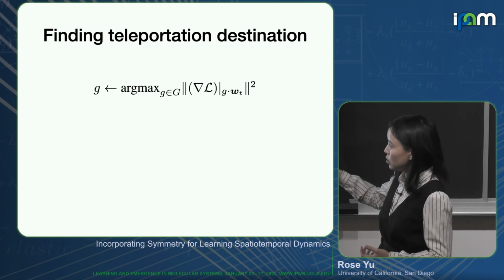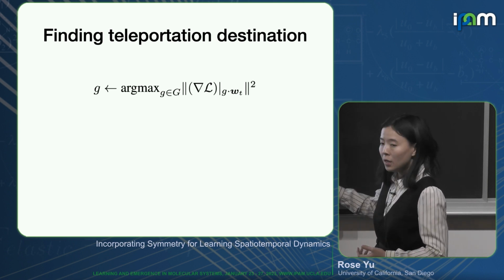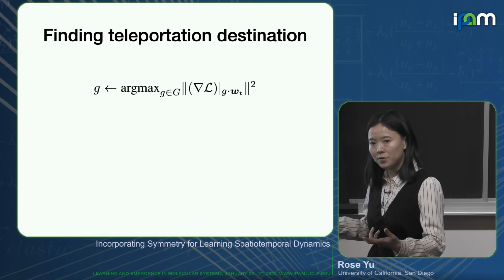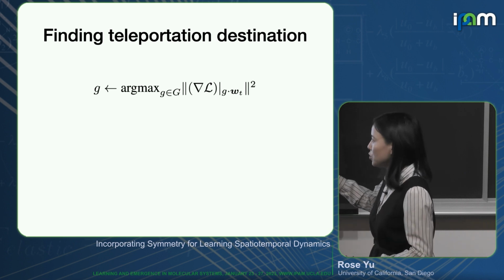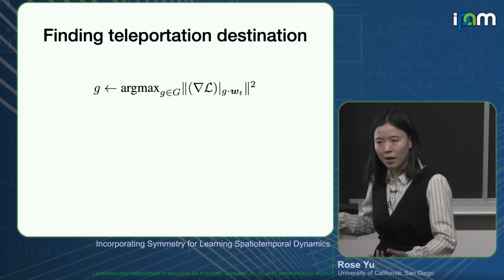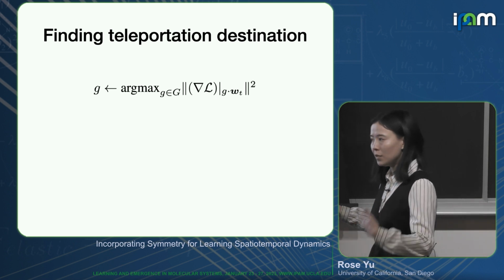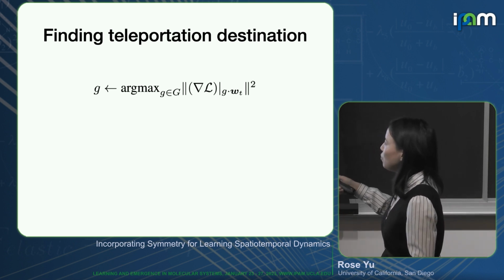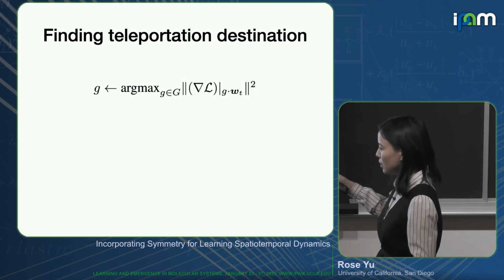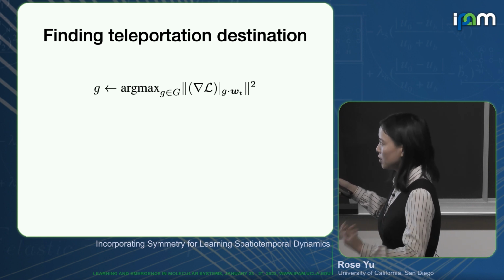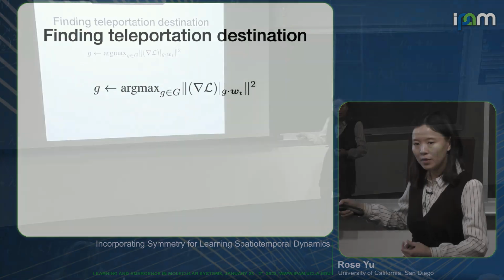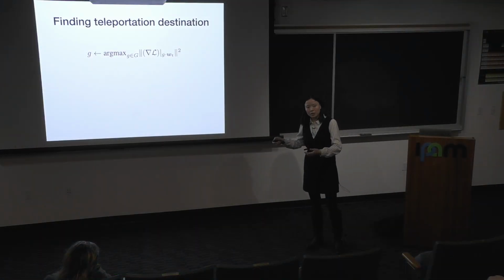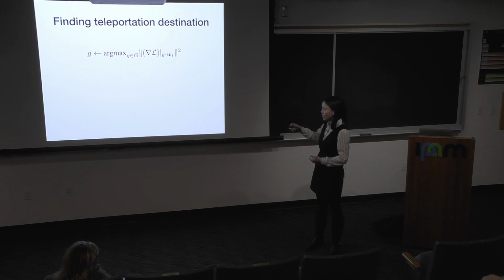The group G should belong to the symmetry of the network. So G is the parameter symmetry of our model, and this gives us a level set of the optimization landscape. And we want to find a transformation such that the gradient of the loss is maximized. It gives us the steepest direction that we can make descent along, and then we find that group element.